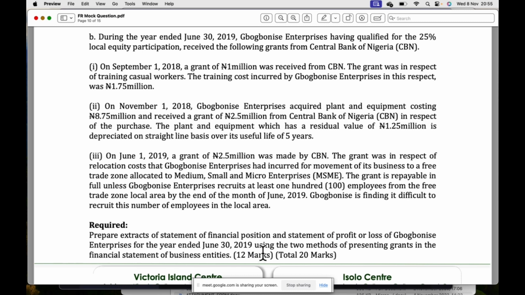So that means you prepare statement of financial position, method one, method two. You prepare statement of profit or loss using method one, method two. That's what this question is saying, because they say using the two methods.